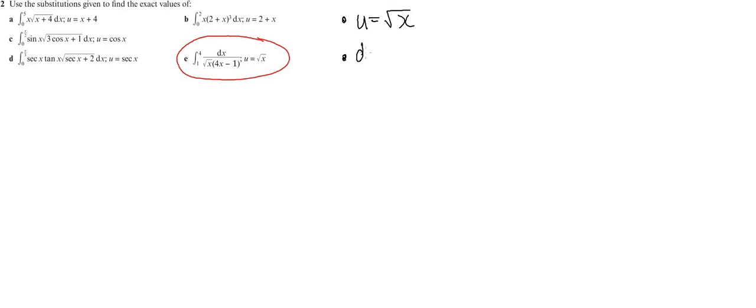First thing we want to do is find du by dx. Okay, well, let's rewrite this as x to the power of half. That'll make it easier. So du by dx is 1/2 x to the power of minus a half. Again, let's rewrite that. That'll be 1 over 2 times the square root of x. Okay, that's du by dx.